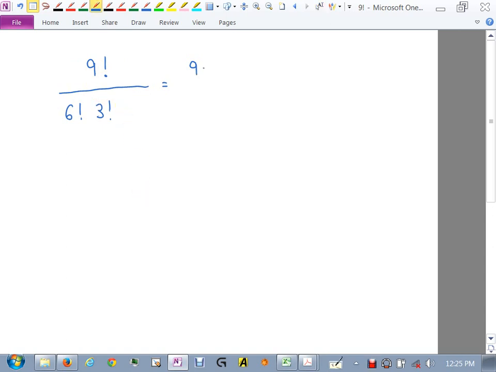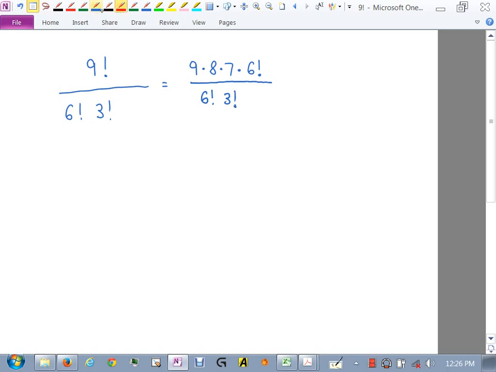So watch, this is 9 times 8 times 7 times 6 factorial, exactly. Right? This 6 factorial means what? 6 times 5 times 4 times 3 times, it covers the rest, right? The factorial symbol here is only on the 6. Do y'all see that? That's right. It's going to shortcut our canceling.